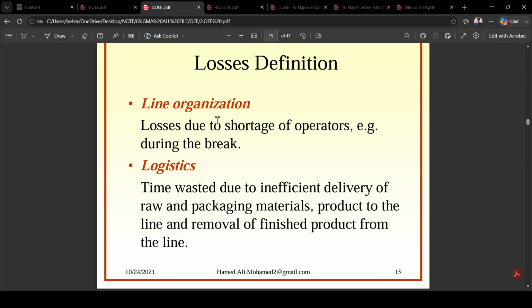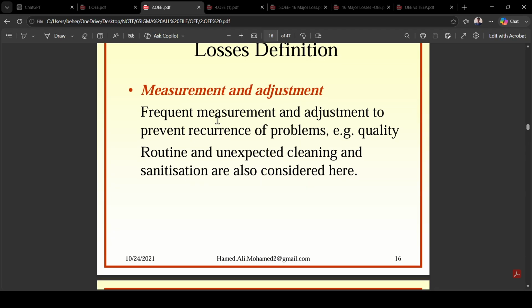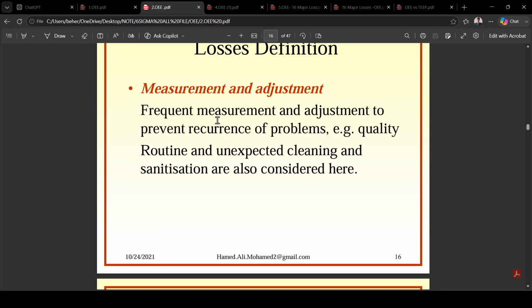Logistics: time wasted due to the inefficient delivery of raw and packing materials to the line and removal of finished product from the line. That is logistics. One more is measurement and adjustment: frequent measurement and adjustment to prevent a recurrence of problems. For example, quality checks, routine and unexpected cleaning and sanitization are also considered here.